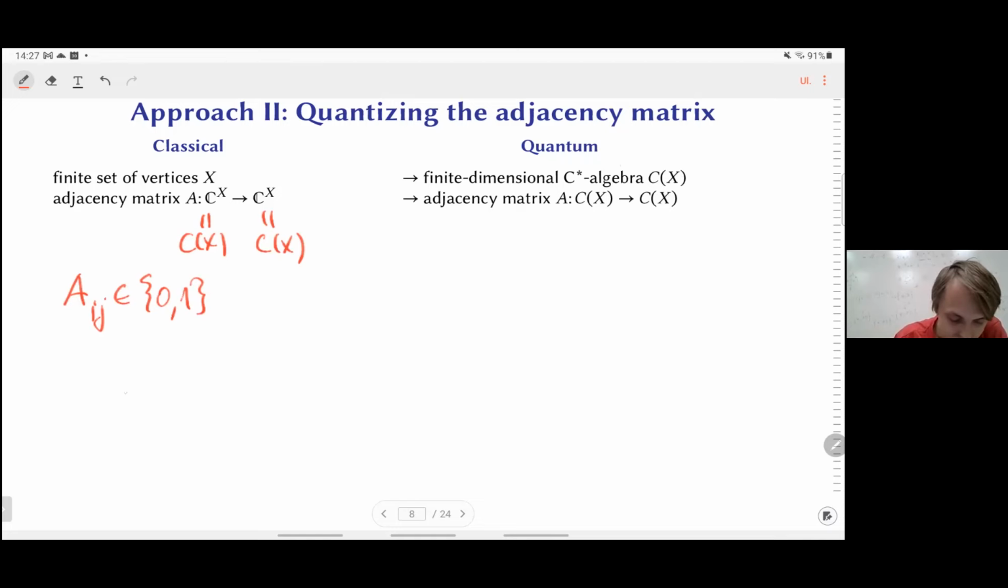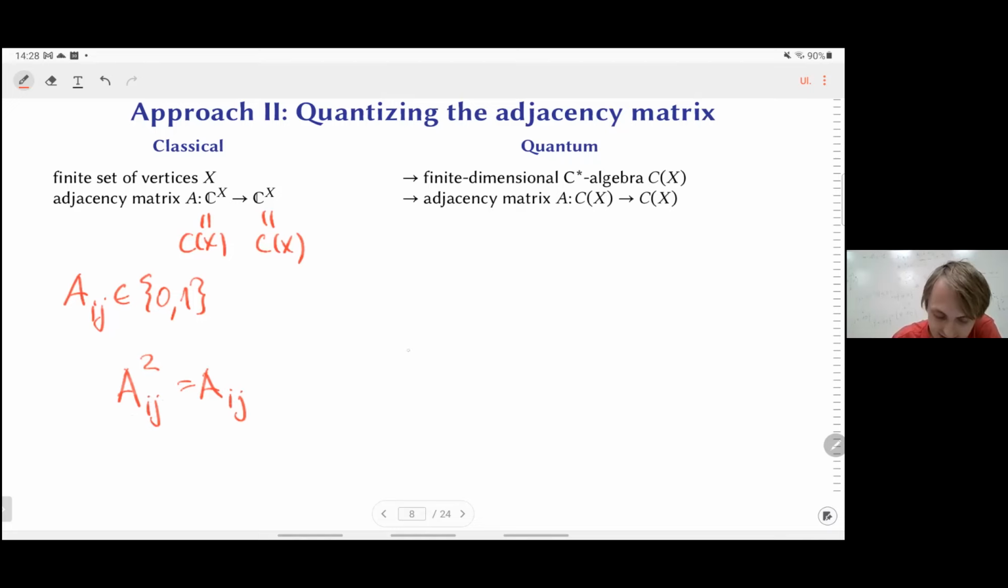How we can do this is by noticing that this condition can be written such that the entries of this matrix A satisfy such a condition, where this obviously is not a matrix multiplication, but an entry-wise multiplication. So we would need to somehow generalize this entry-wise multiplication to the quantum setting in order to generalize this particular condition. And how can we do this?